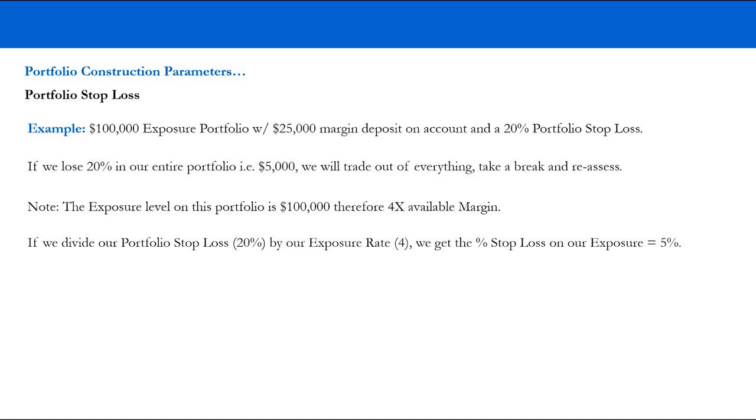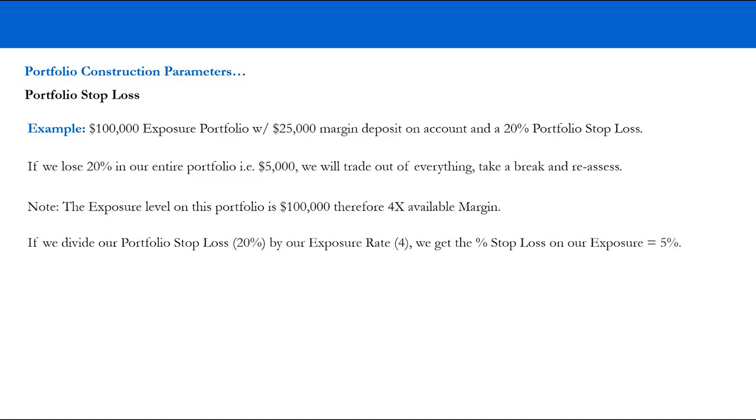And the principle that we want to stick to here in each step that we go through is that the portfolio stop loss that we stick on our portfolio is basically protecting the money that we've made in each step.